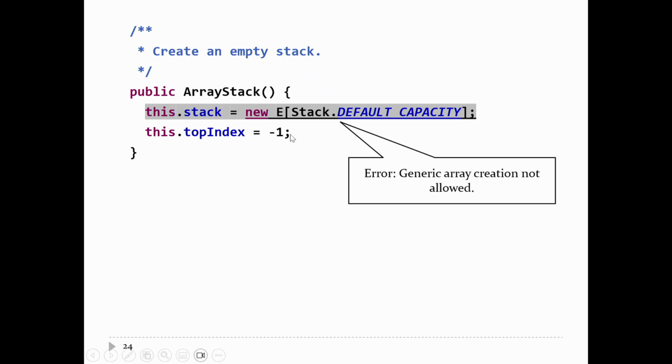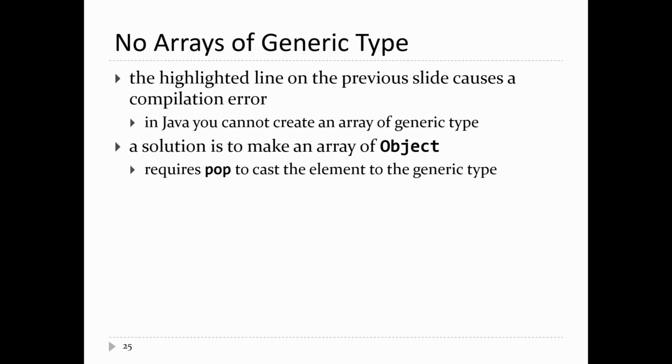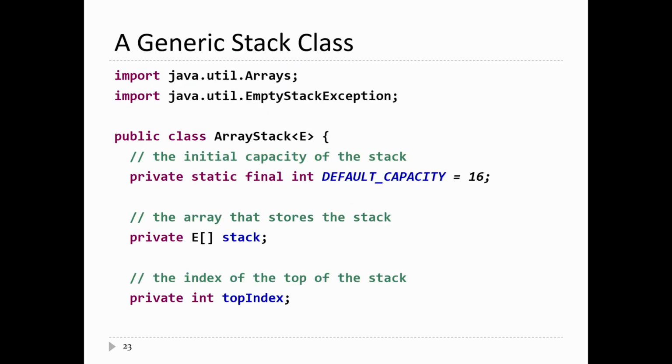So you can't make an array of an unspecified type here. That line on the previous slide causes a compilation error because in Java you're not allowed to make a generic array. The solution in Java is to make an array of object instead. So we go back here and change E to big O Object. I'll explain why you can't make a generic array shortly.